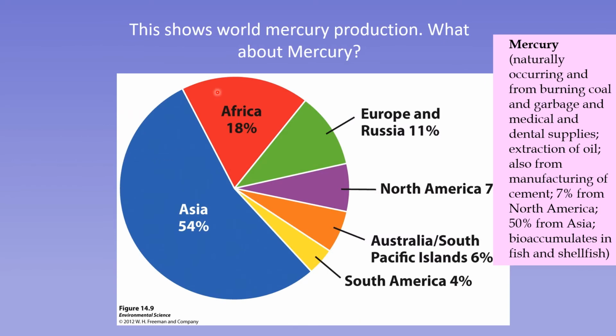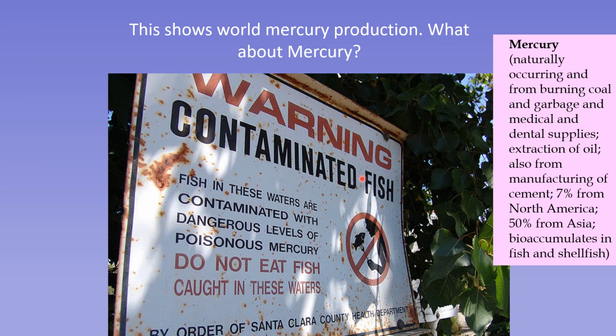Okay, so this graph just shows us where mercury is produced most in the world. Asia, 54% of mercury, and now you know what mercury can do to you because you've been learning about it. And we still have some that's produced in North America. Then, I just want to show you, mercury is a big enough deal where we do have signs wherever there might be too much mercury that has bioaccumulated into the fish in a lake or a river.